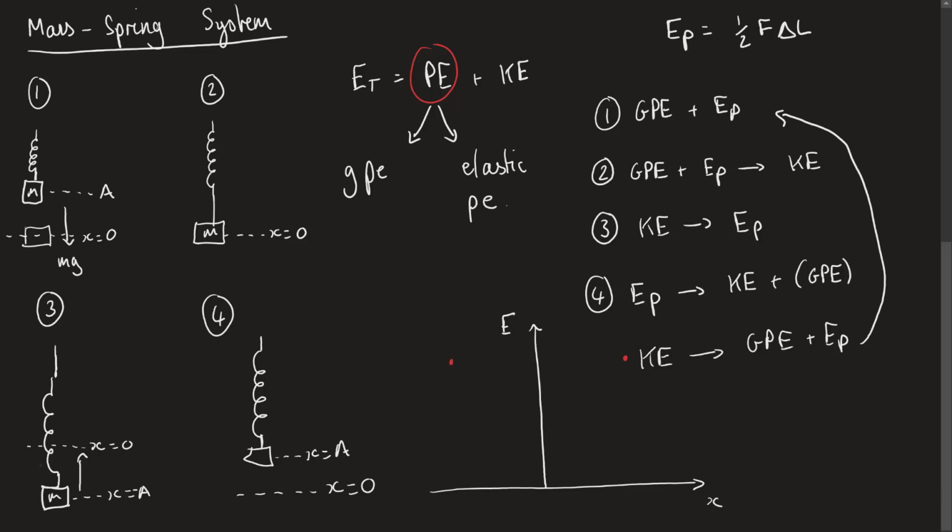At the bottom, it's purely down to elastic potential. At the top, it's elastic potential and gravitational potential. And we have a minimum in the middle. Even though we have some gravitational potential and kinetic energy, we're going to refer to it as a minimum. So it'll be the same shape.